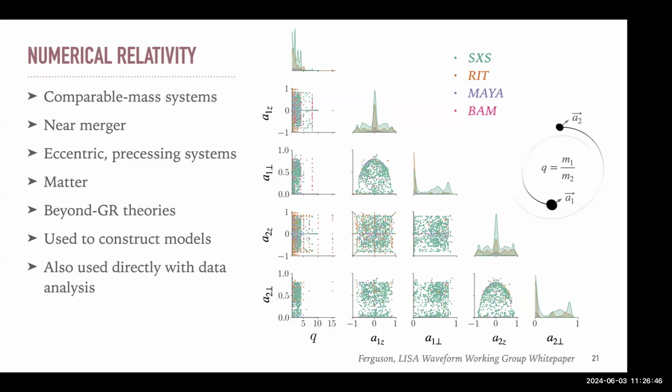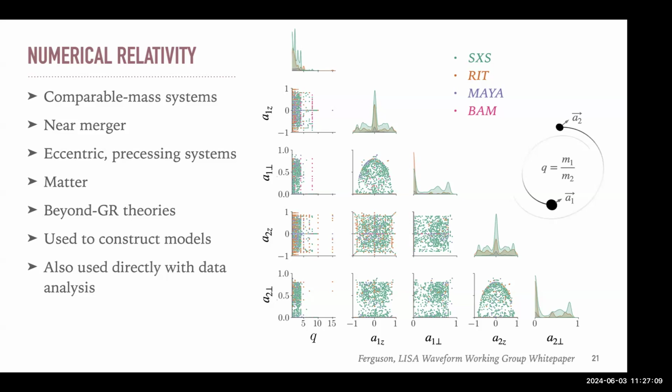So this plot on the right is a sample of 4 of the public catalogs. There are some more, but these are kind of the most populous public catalogs. And so you've got the SXS in blue, RIT, Maya, and BAM, which are Einstein toolkit based. And this shows the coverage of that.